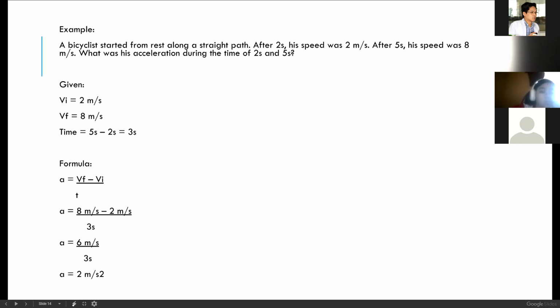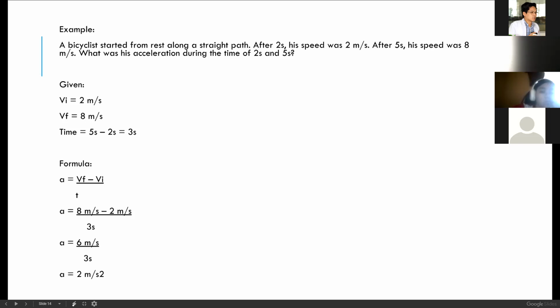Okay. So given, the initial velocity is 2 meters per second. The final velocity or final speed is 8 meters per second.